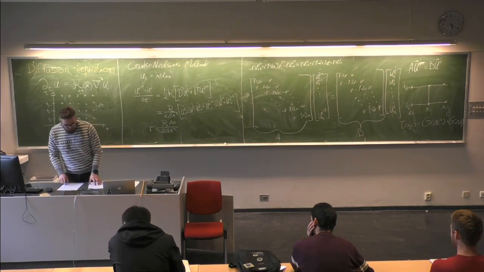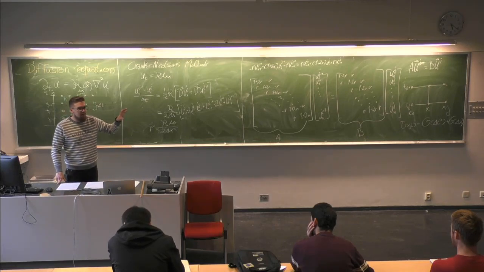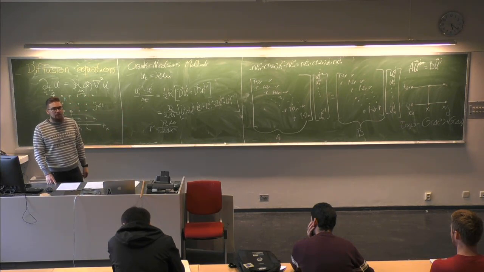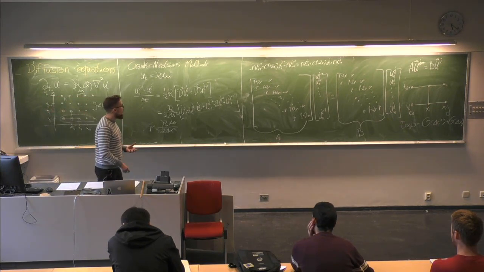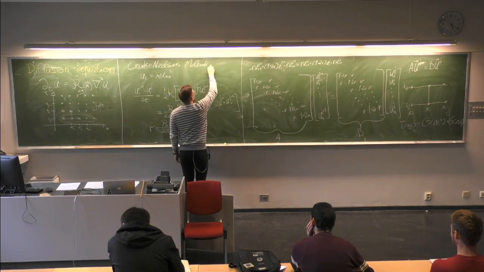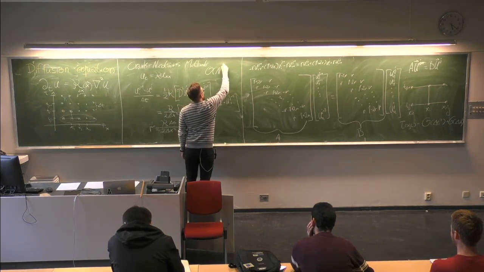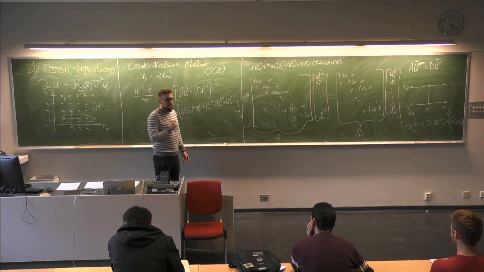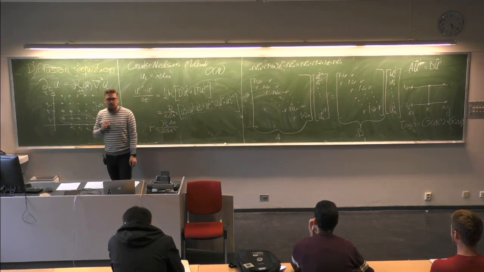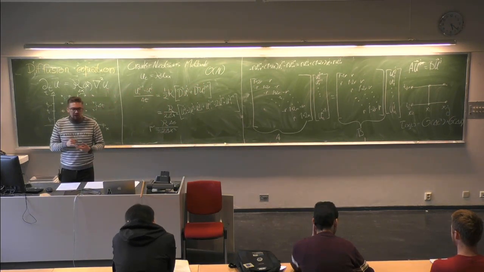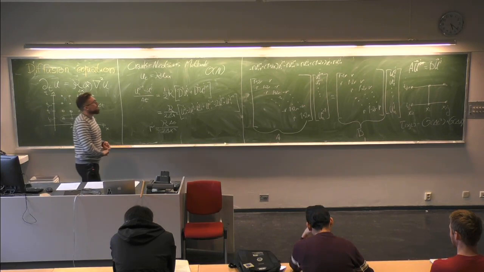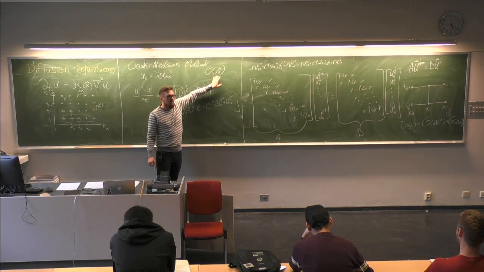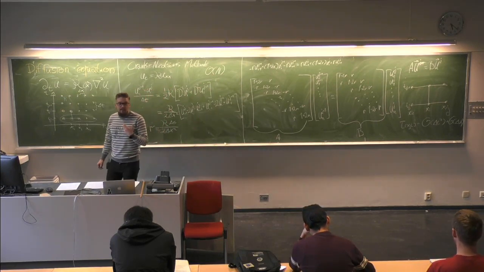So even though it's matrices, it can be solved in linear time. If n is the amount of grid points you have, you can solve it in big O of n time. So it's a linearly increasing computational complexity. Usually you want this to be as low as possible, and big O of n is very good.